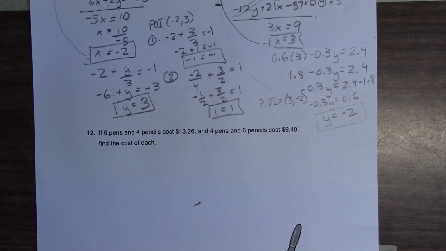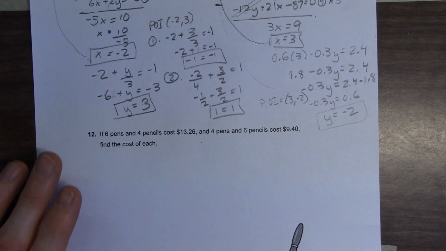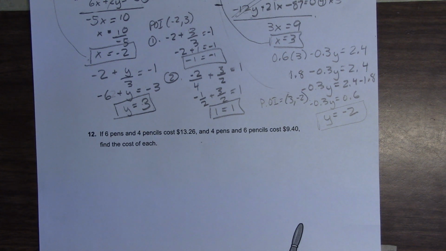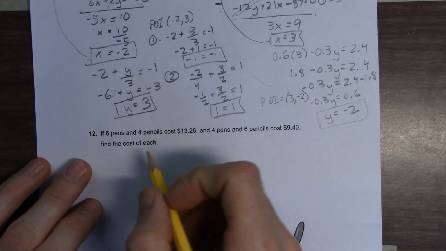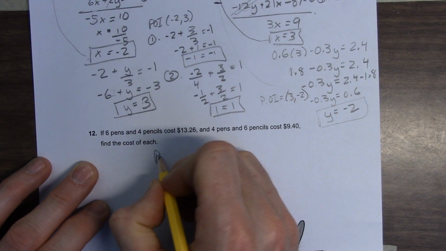Here we go, word problem. If 6 pens and 4 pencils cost $13.26 and 4 pens and 6 pencils cost $9.40, find the cost of each. So the first step in this would be to define some variables. So Jaden, what would you like to call the pens? P. I like P. We'll say pens.